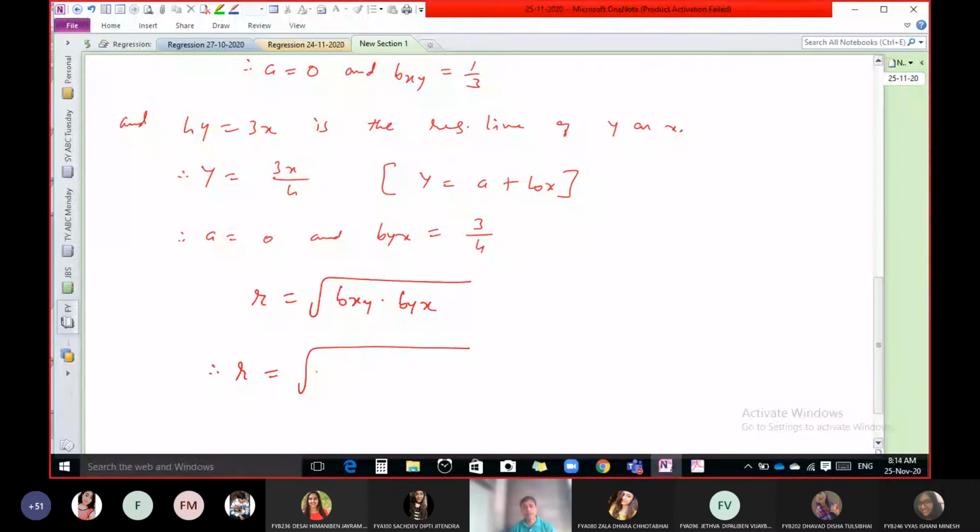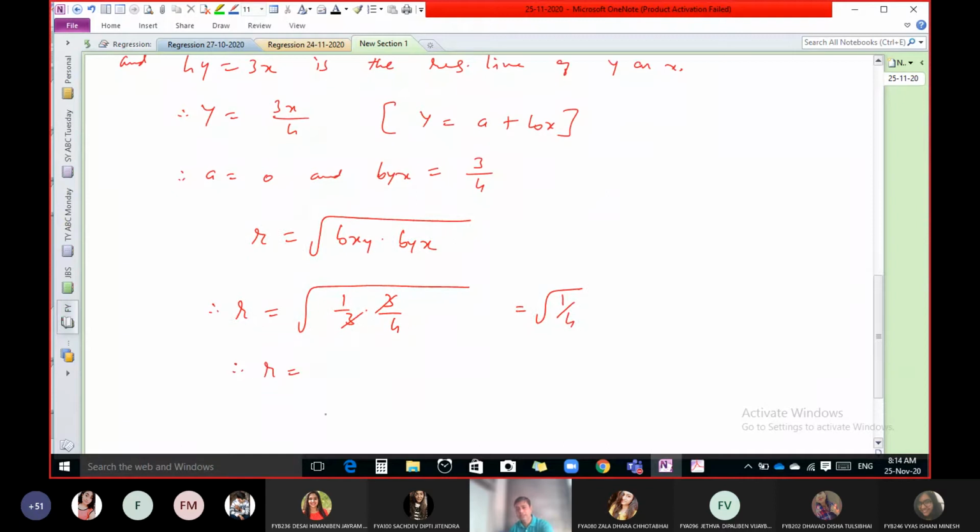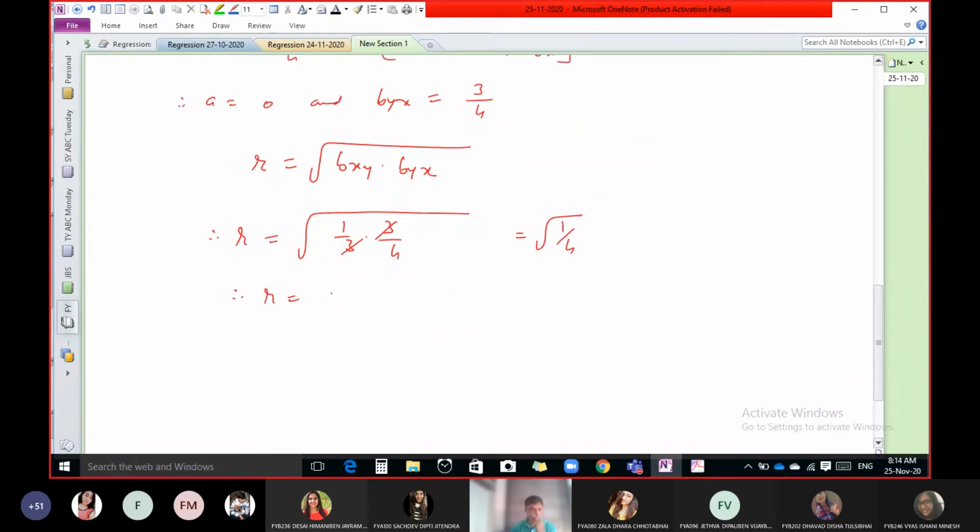That is 1 upon 3. And what is byx? That is 3 upon 4. If we cancel 3, we get root 1 by 4. So what is r? 1 upon 2, sir. Yes, but you have to write plus or minus 1 upon 2.